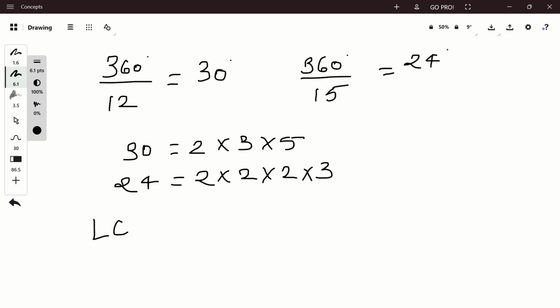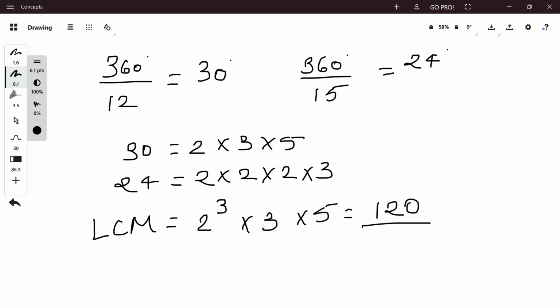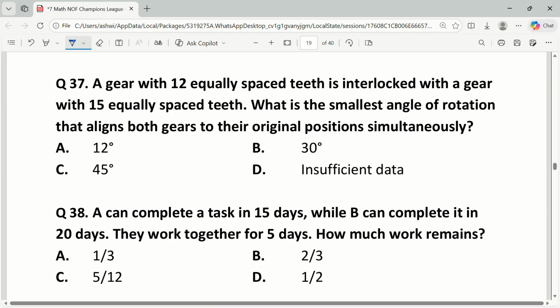So the LCM is equal to 2 to the power 3 into 3 into 5, which is equal to 120. So the smallest angle of rotation that aligns both gears is 120 degrees. Comparing with the options, the answer is D, insufficient data.